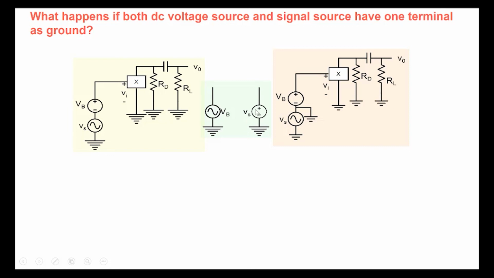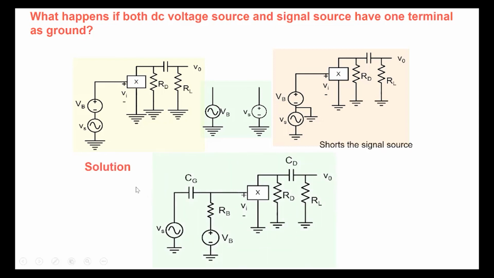If we connect VB on top of VS like this, then because one terminal is always connected to ground, the signal gets shorted. So we can't do that here.